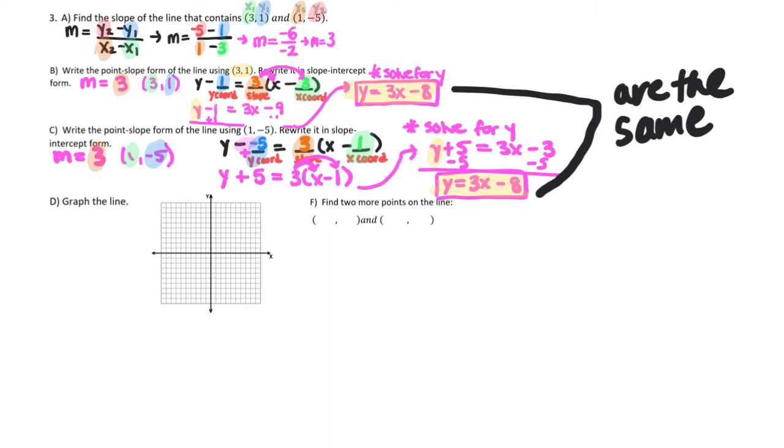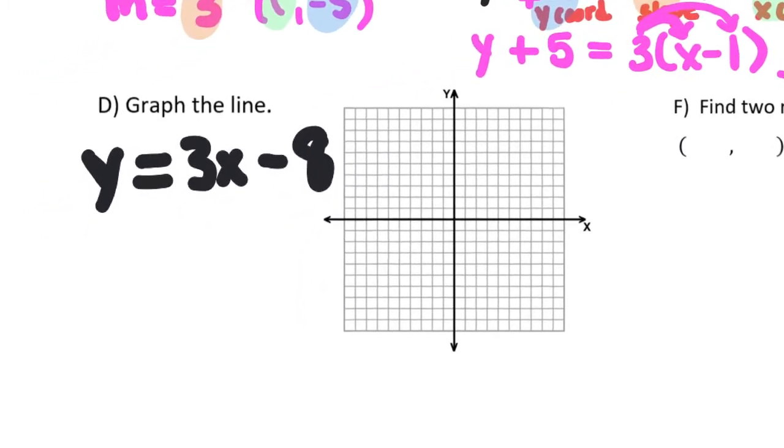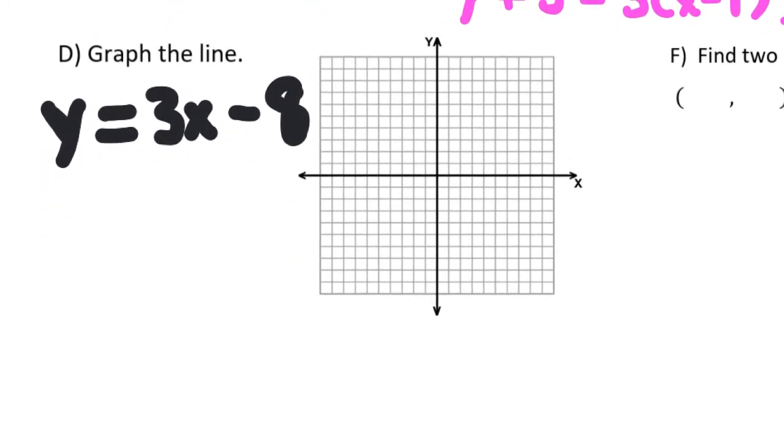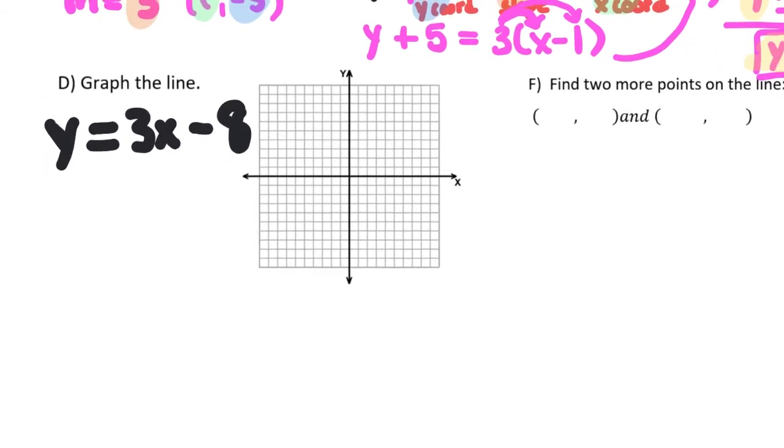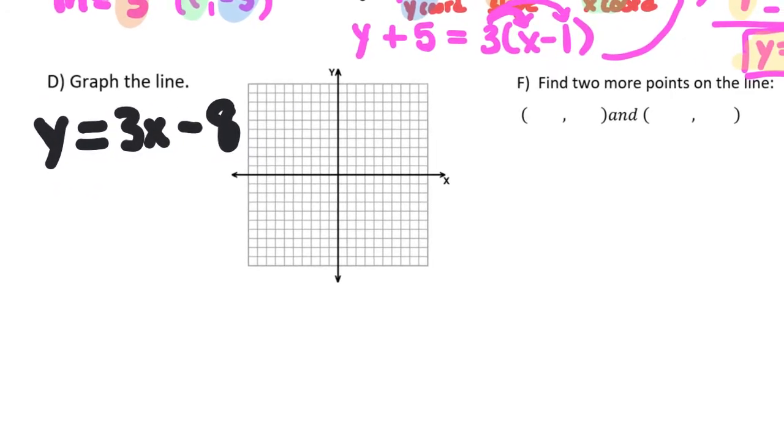Now when I'm going to graph those, I'm going to graph that equation. So it's that y equals 3x minus 8. So if I zoom in to graph this bottom part and I find my 2 points as the last two parts of this problem, I need to first identify the slope and y-intercept.